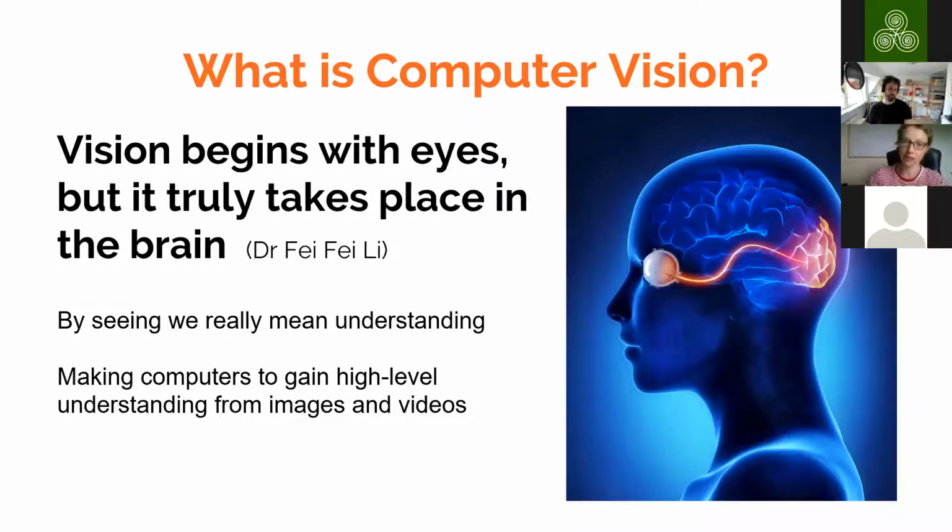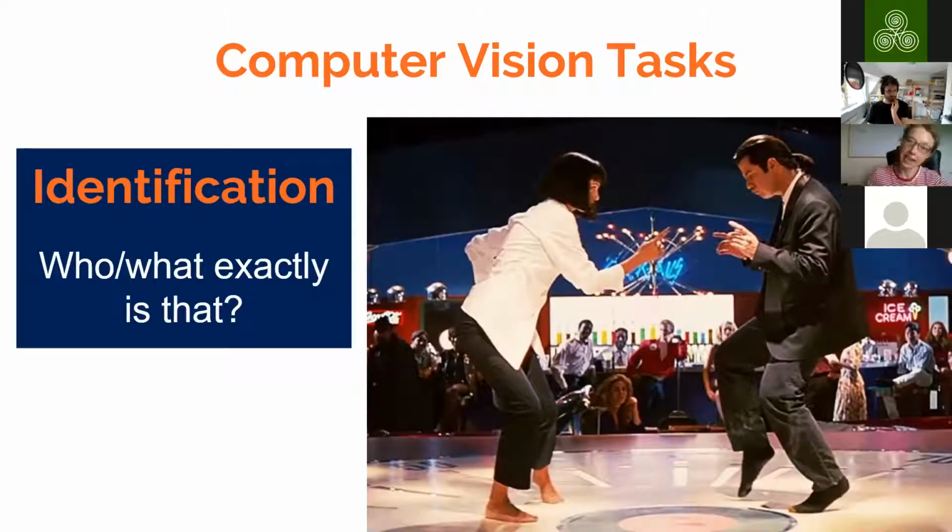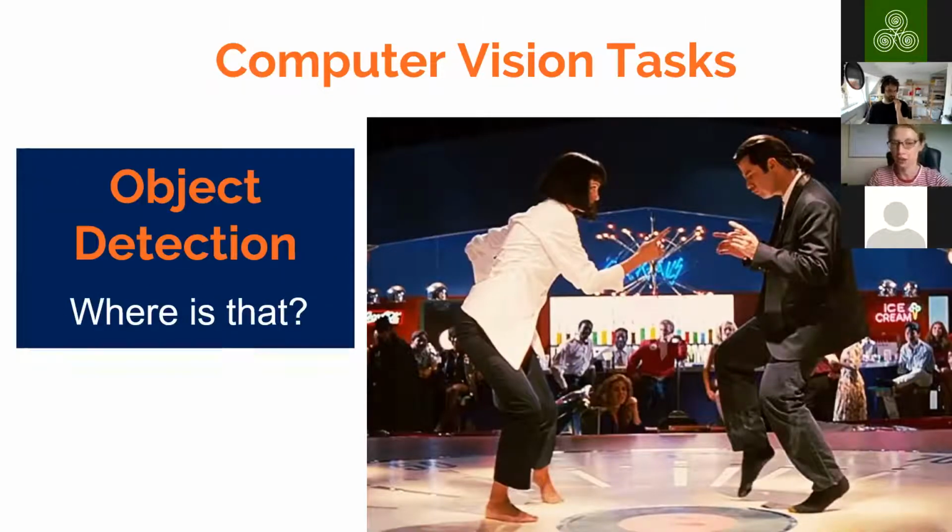This is a complex task, and it can be broken down into smaller tasks. So the computer vision tasks are classification, when you identify what is in the picture: you see people. Identification: who exactly is that? It's Uma Thurman and John Travolta. Object detection: where is that?